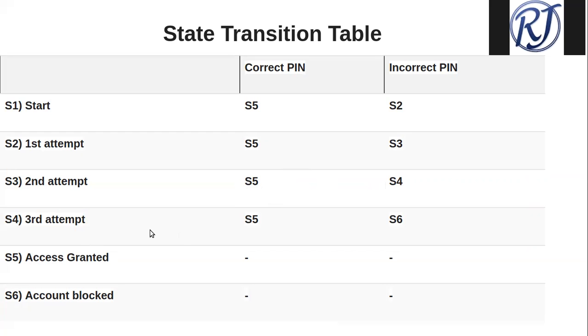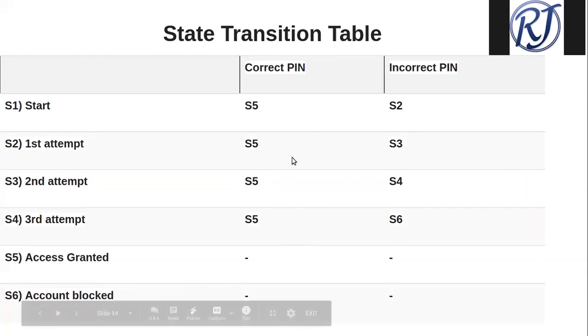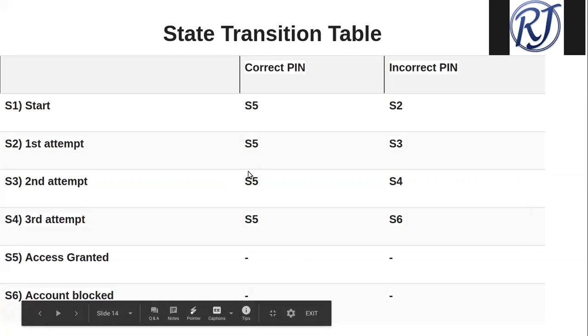S4 is the third attempt, and in the third also, if the correct pin is entered, it will reach S5, otherwise the account is blocked. So this is how we can draw a state transition table for the above technique.